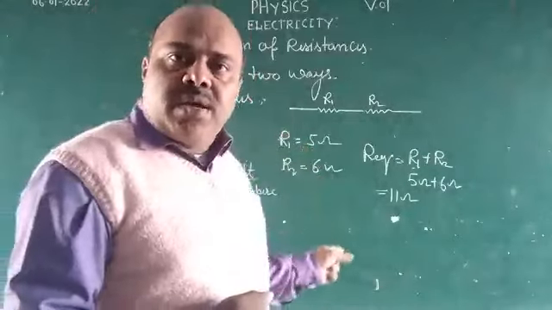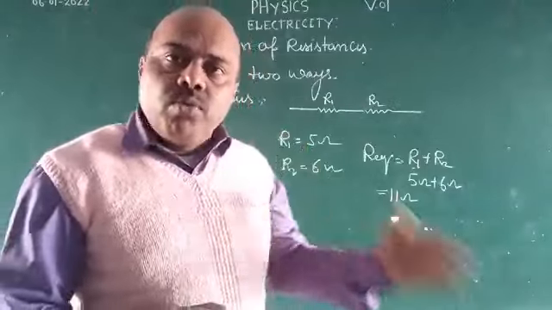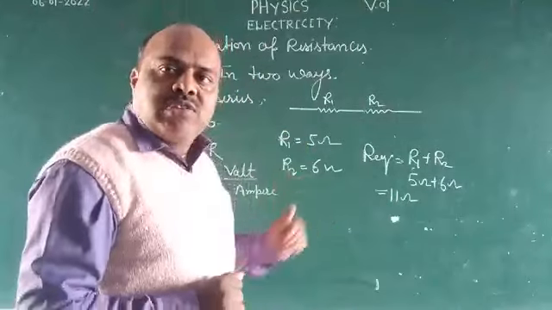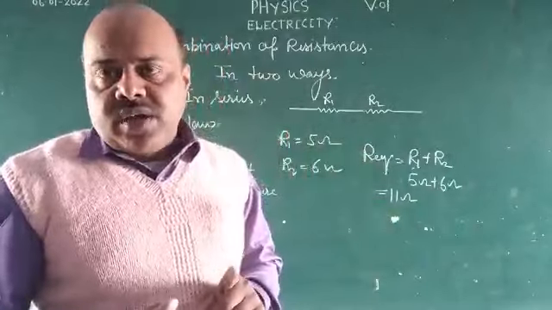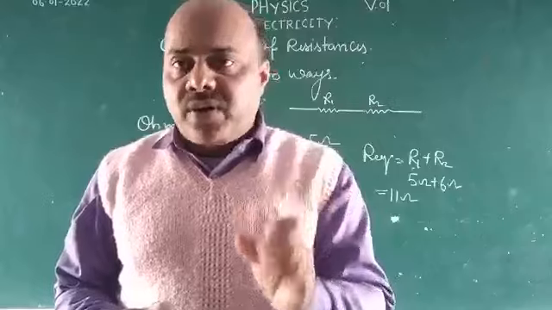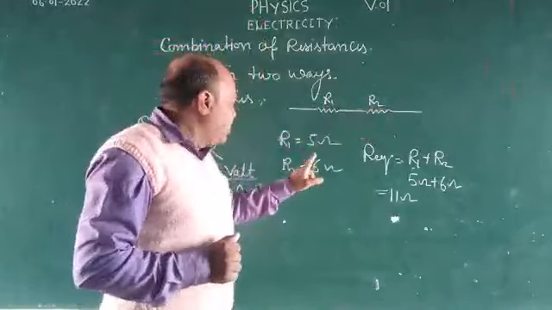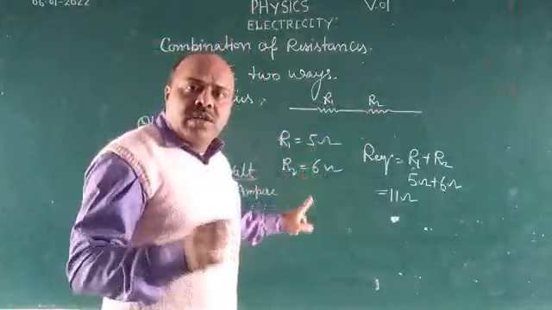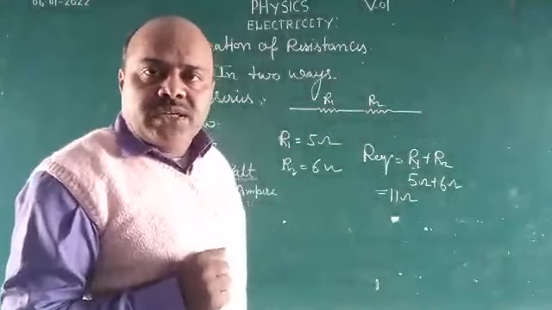Now we will describe series and parallel combination of resistances by taking two or more resistors. There are two words: one is resistor, another is resistance. Resistor is only an object, but resistance is its electrical property. Like this is resistor R1 and R2, and 5 ohm and 6 ohm are the resistances, the electrical property of a conductor.